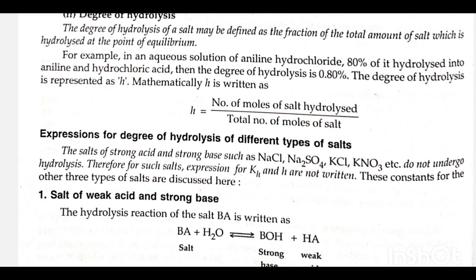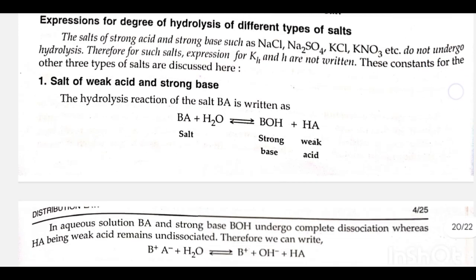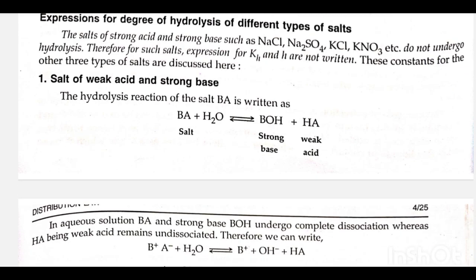Expression for degree of hydrolysis of different types of salt. The salts of strong acid and strong base such as NaCl, Na2SO4, etc. do not undergo hydrolysis. Therefore, for such salts, expressions for KH and h are not written. These constants for the other three types are: number 1, salt of weak acid and strong base.